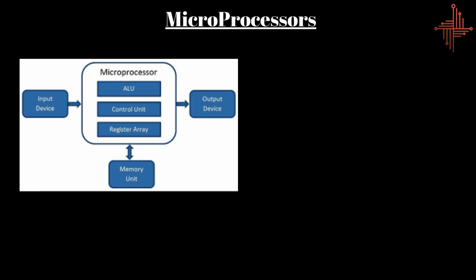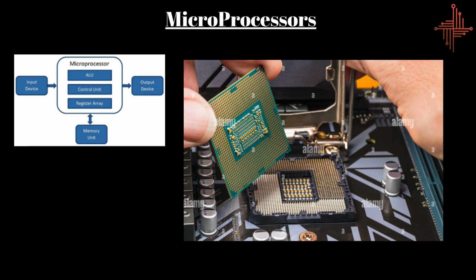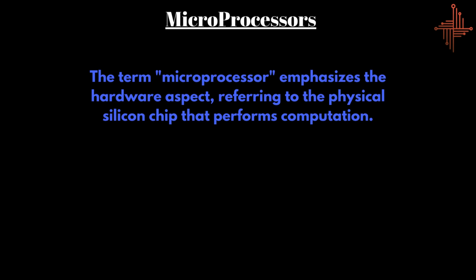Before talking about that, let's talk about microprocessors. What are they? People often use processor and CPU interchangeably, but they are somewhat different from each other. You see the silicon chip on the board, right? This is what I mean when I say a processor. A processor consists of an ALU, a CU, and a register array, or we can say memory unit.